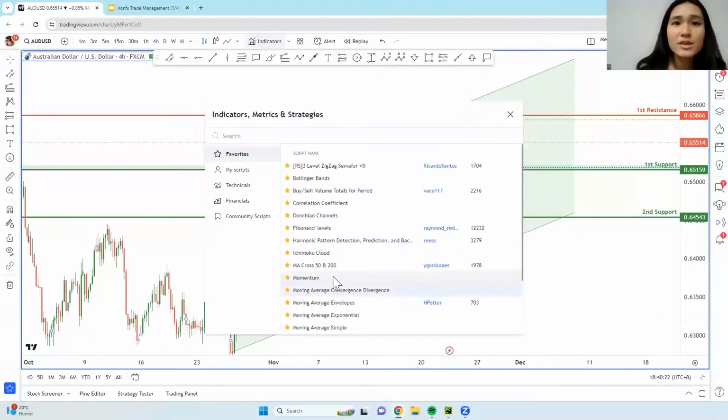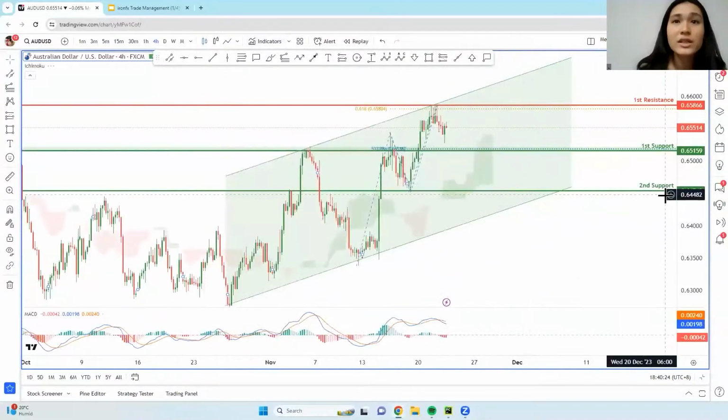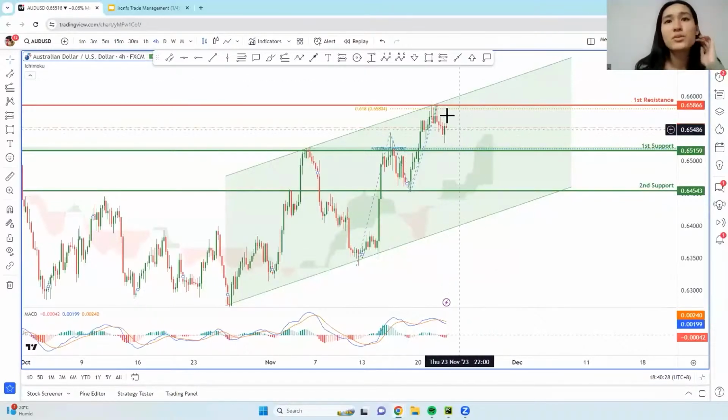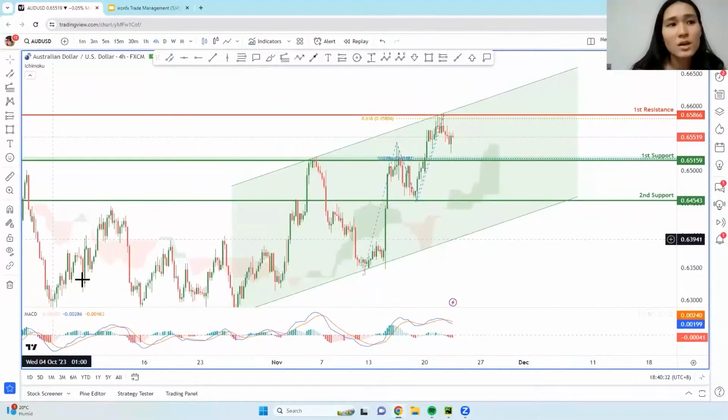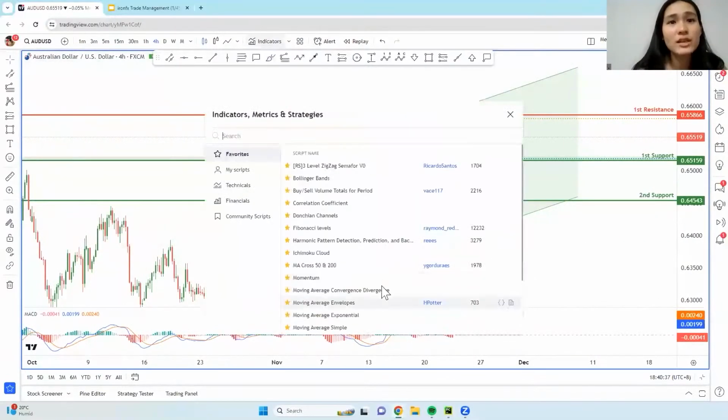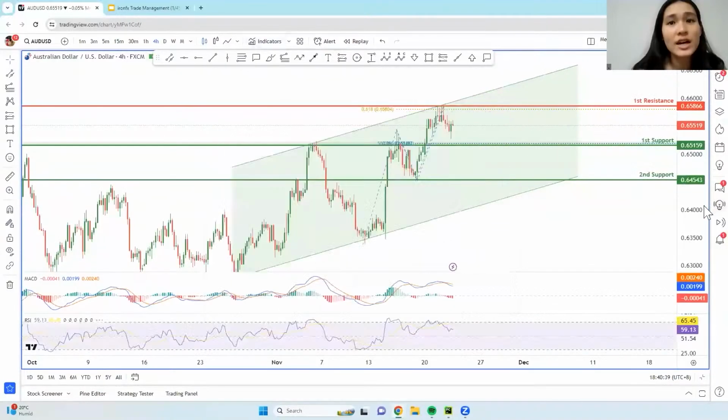Let's take a look at some indicators to support our analysis. So we're expecting prices to drop towards our first support. MACD is giving us bearish, Ichimoku is giving us bullish, so I'm gonna remove that. Let's take a look at RSI.